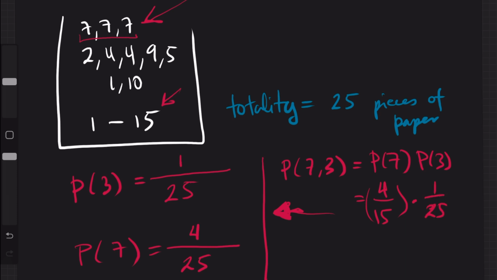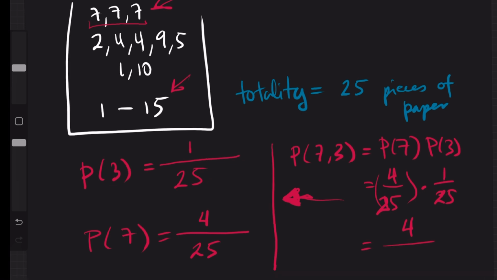Sorry, this should be a 25. So we get this as our final answer. You can see here how cumbersome it would have been to calculate this amount of events. This is a very big number.